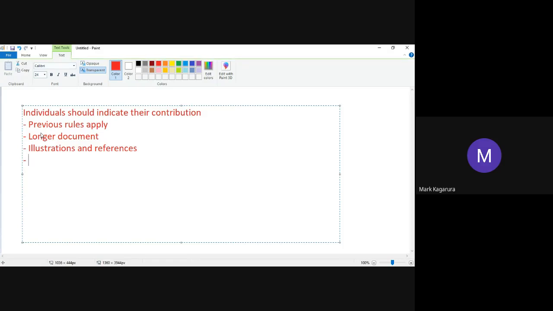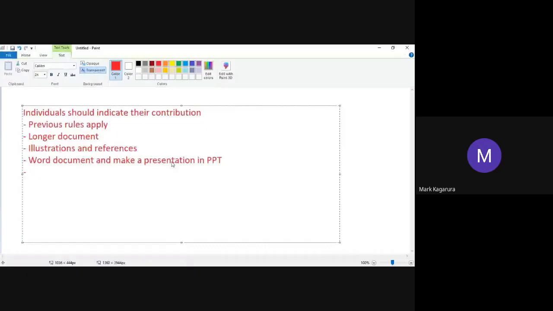So we'll meet again. Now, the presentation: you could choose to submit a Word document and then make a presentation in PPT, or you could just choose to submit the PPT. I wouldn't advise it though.